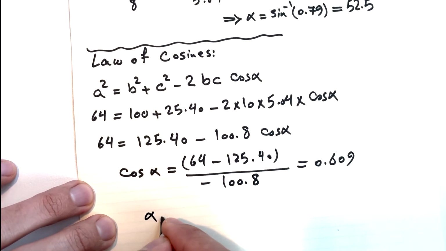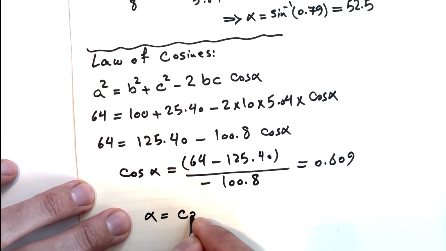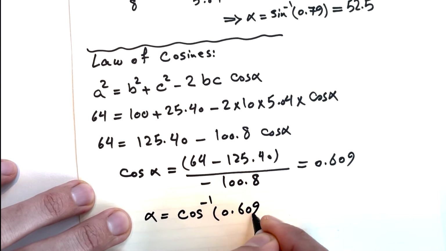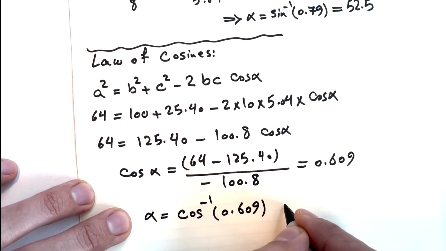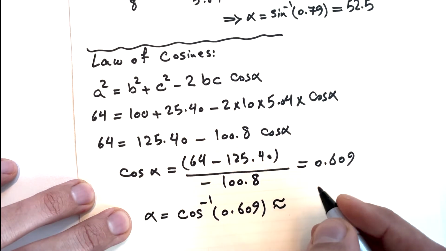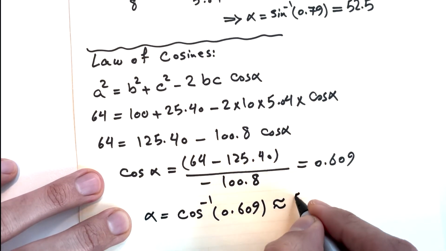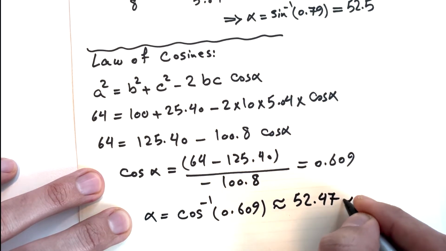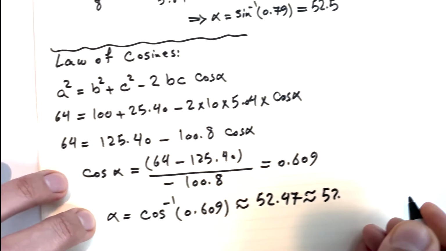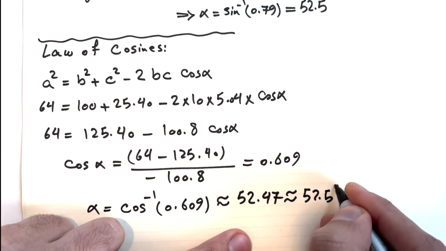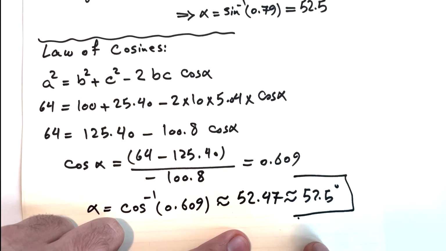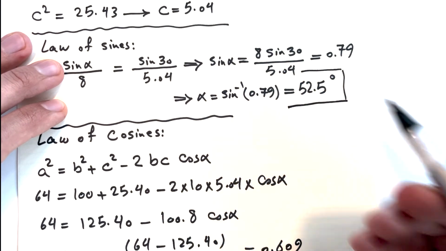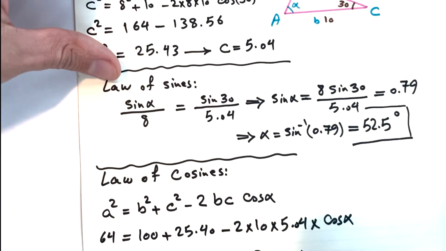And therefore alpha will be arc cosine or cosine inverse of 0.609, and approximately alpha will be equal to 52.47, which is 52.5 degree. This is the same value that we found for alpha here using the law of sine.